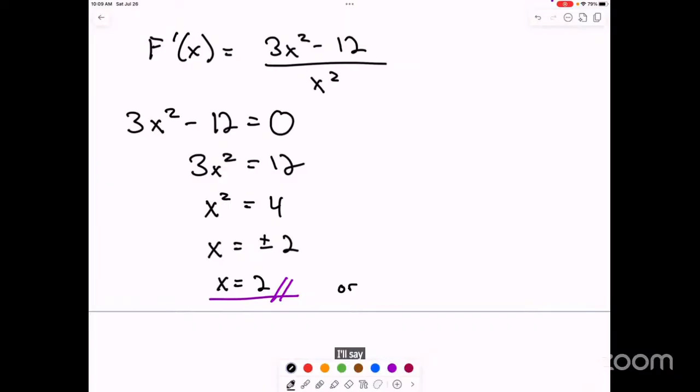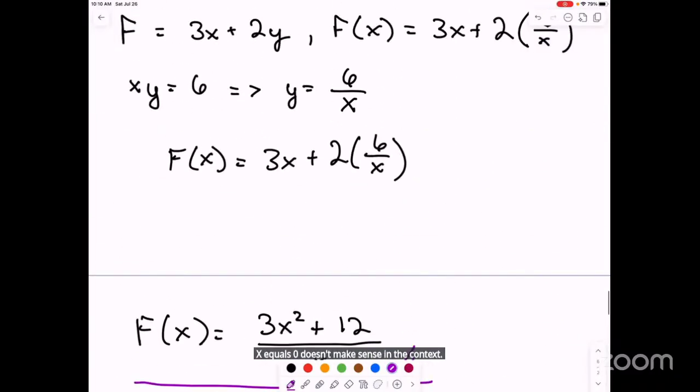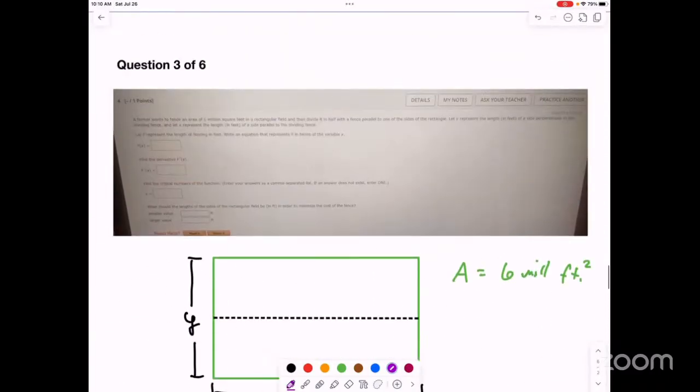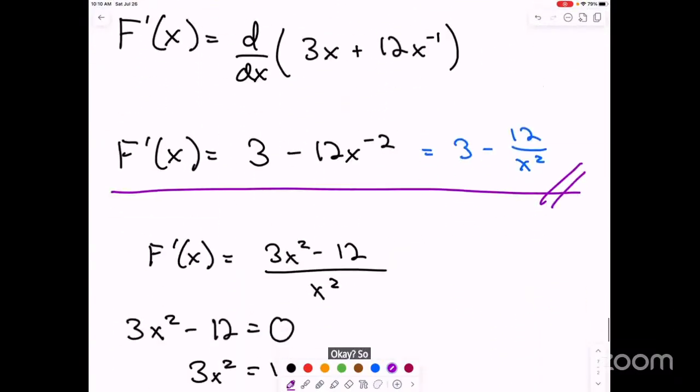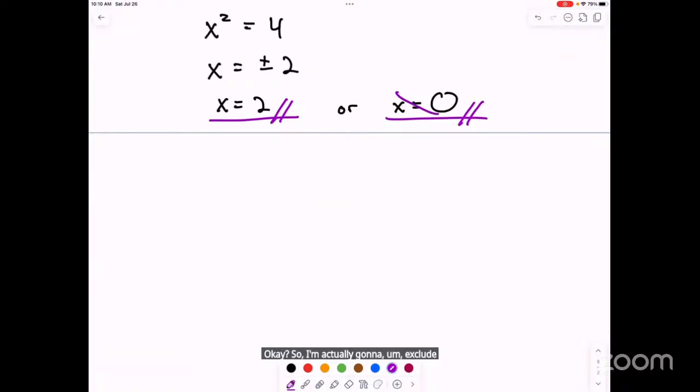I'll say or. And again, I think that in the context of this problem, x equals 0 doesn't make sense. So I'm actually going to exclude this guy.